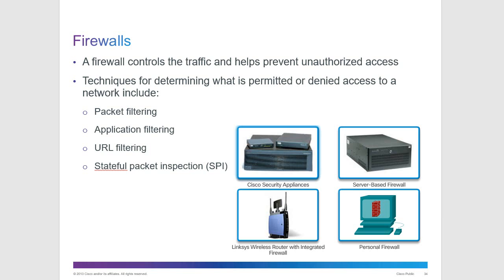URL filtering prevents or allows access to websites based on specific URLs or keywords. Then stateful packet inspection, which basically checks that incoming packets are responses to legitimate requests made from within your network. So those are some things that firewalls will do.